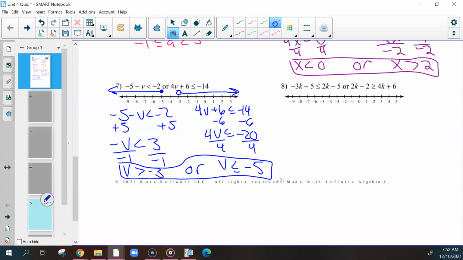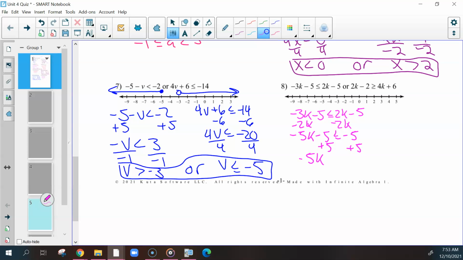And then the last one. Both of these have variables on both sides, so you need to get k on one of the sides and a constant on the other for both. Did not matter how you do that. I'm going to subtract 2k to get negative 5k, and then add 5 to get 0.